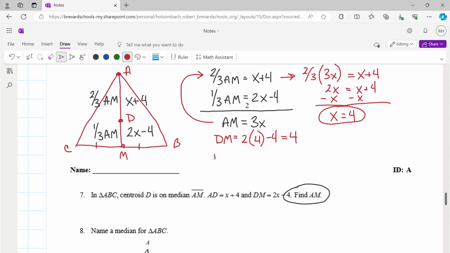And AD is equal to 4 plus 4, which equals 8. So our AM is equal to 12. And it all makes sense because our short piece is half of our long piece, and our long piece is twice as big as our short piece.